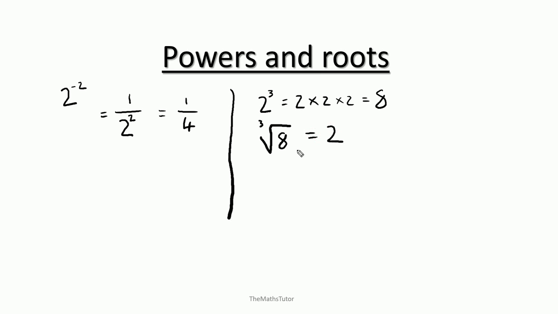However, there is another way of writing this. I can say 8 to the power of a third, and this would be called a fractional power. And this is exactly the same as this, just written in a different way. It's effectively just a matter of notation. Mathematically, there is nothing different between here and here.